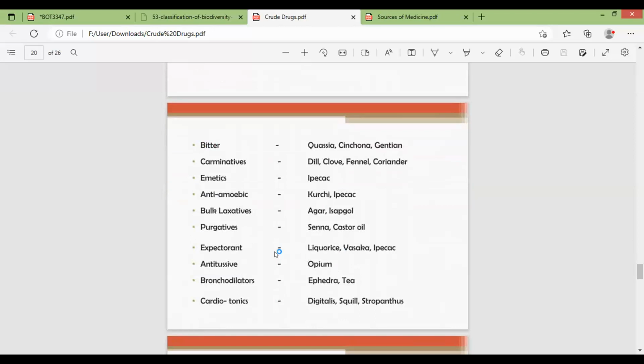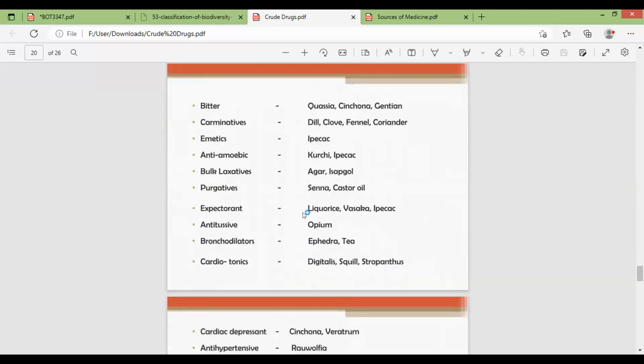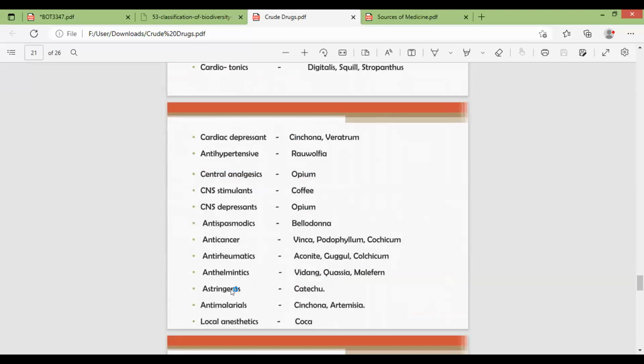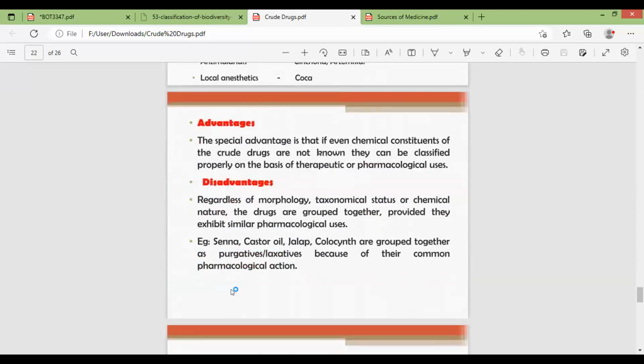Cardiotonics, digitalis, such things. Emetics, cardiac depressant, just based on the pharmacological action.